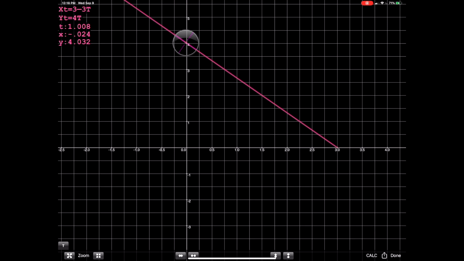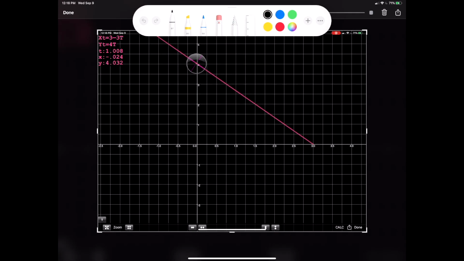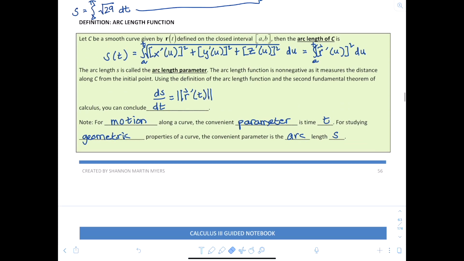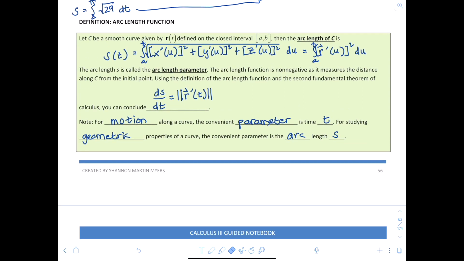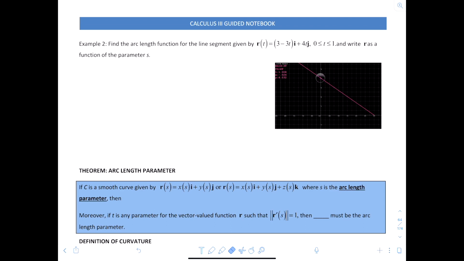So again, I'm good to go. It didn't double trace our arc length. Now let's use this. To find our arc length parameter, we're going to be using ds/dt equals the magnitude of r prime at t. So let's see what we get.